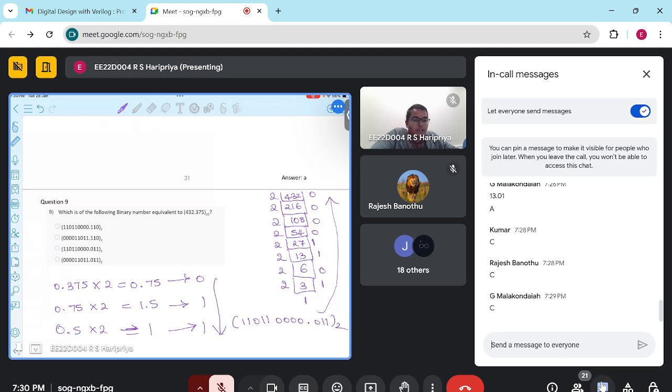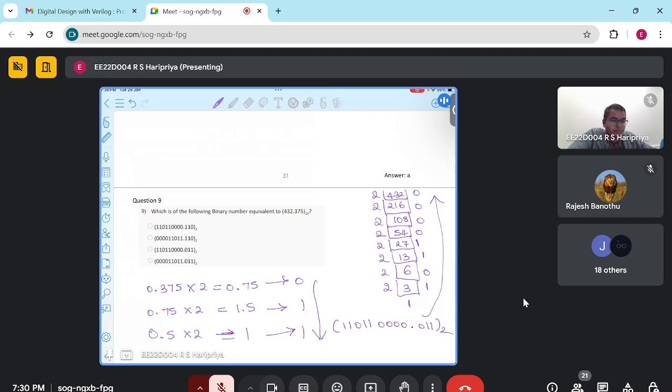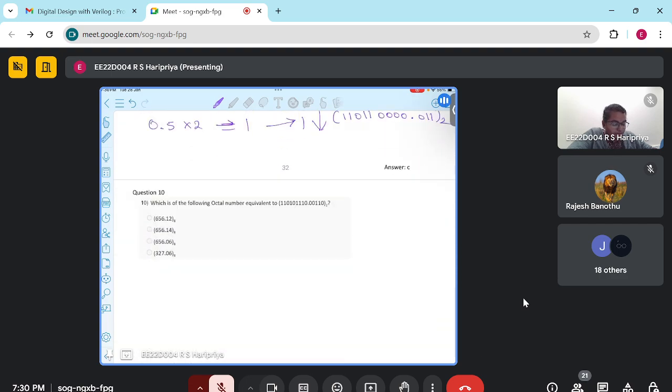Okay, I hope this question is clear. Going to the next question. Which of the following octal numbers is equivalent to this? So for octal we have to write in groups of 3: 1 0 1 0 1 .001 and this is 1 0. So we have to append one more 0.